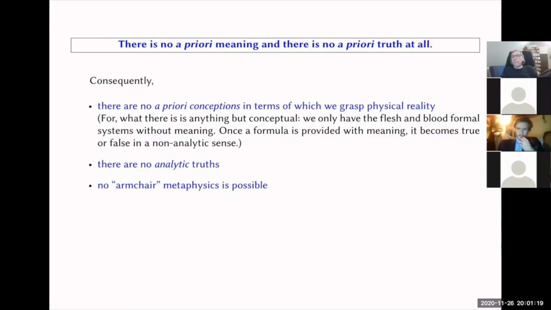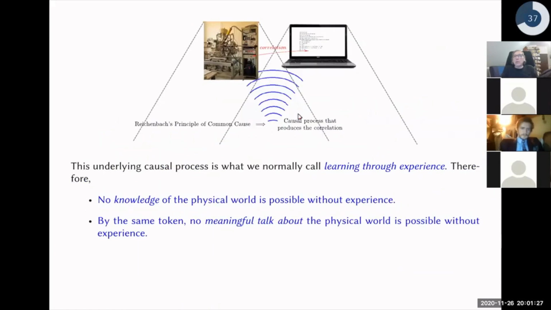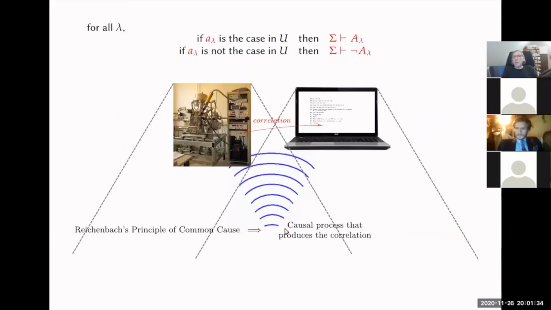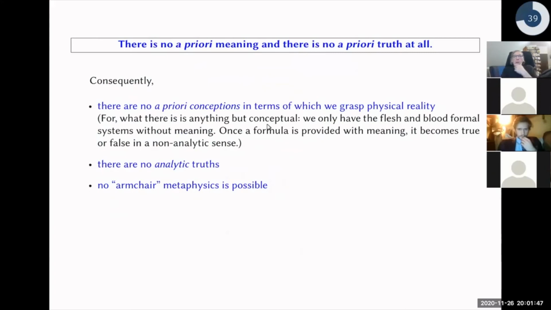Because there is no semantics without this correlation, and there is no semantics without experiencing the world, and so on and so forth. This means that no armchair metaphysics is possible, actually, because there are two possibilities.